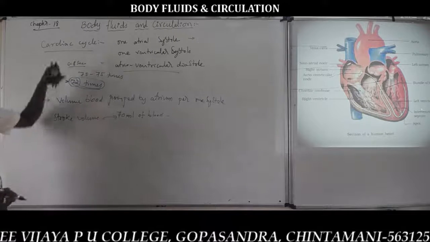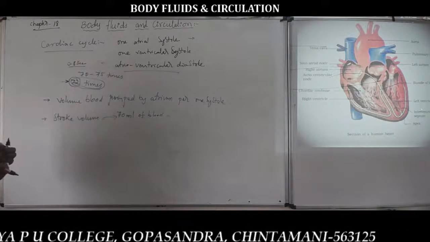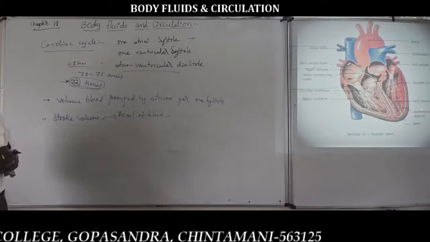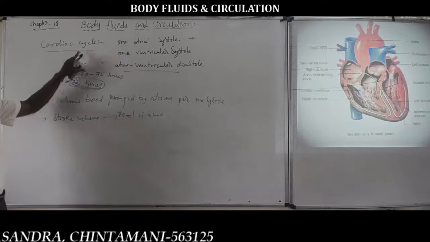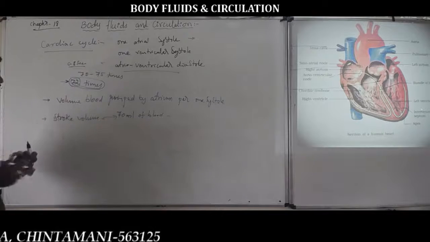So during one cardiac cycle, per 1 minute, the entire cardiac cycles per minute is 72 times.